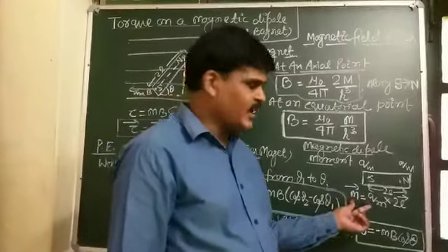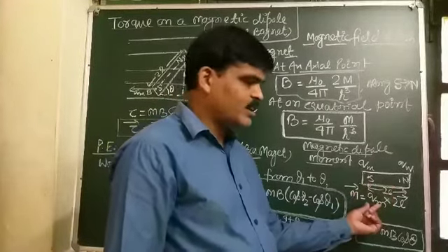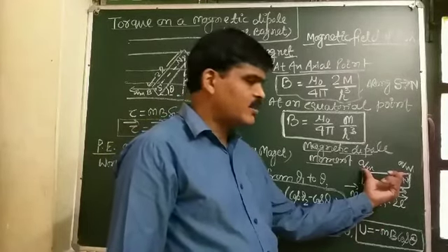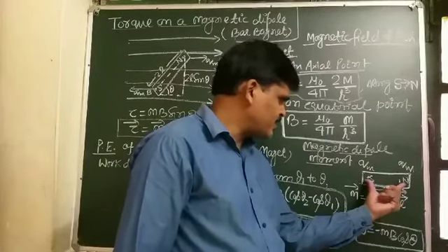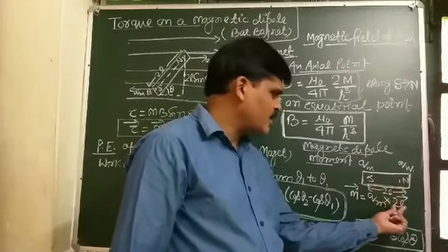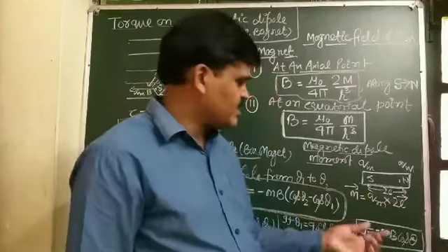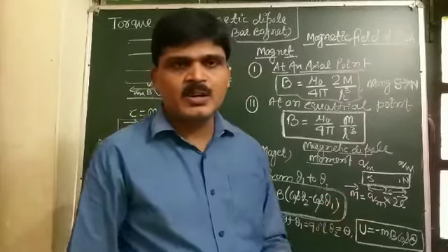So the magnetic dipole moment can be defined as the product of the magnitude of either pole strength and the separation between the two poles, or magnetic length.